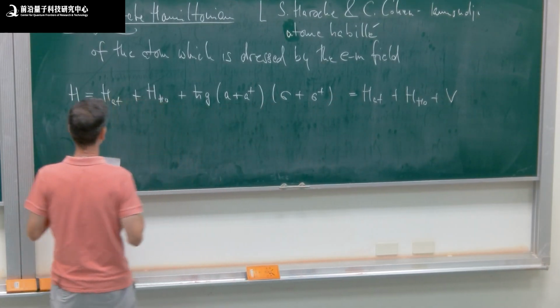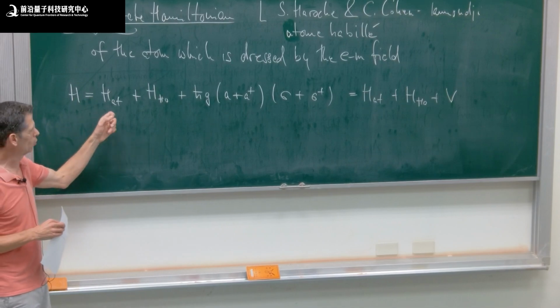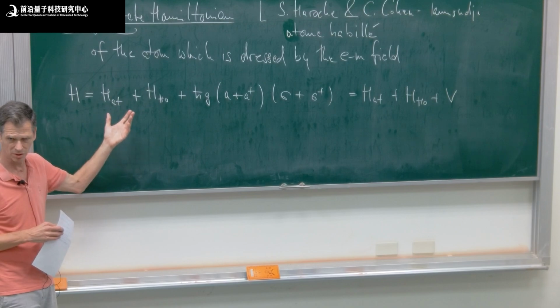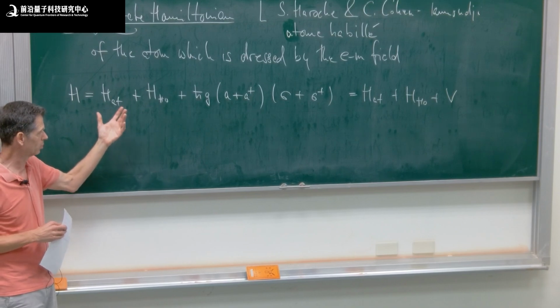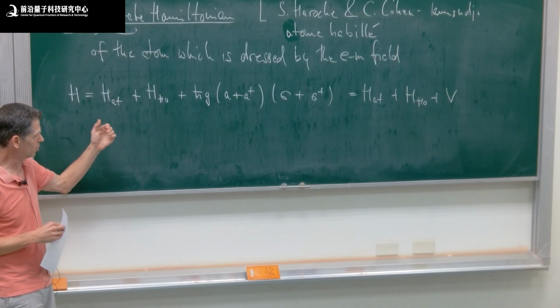And now we want to get an idea of the solution of the Schrödinger equation which is generated by this Hamiltonian. So we want to get an idea of the time evolution of a state of atom and field for a given initial condition. And we assume that we know the dynamics of the bare atom well, so we have it diagonalized. Since we have diagonalized it, we know its unitary evolution operator, so we know everything about any state of the atom as it evolves in the future.